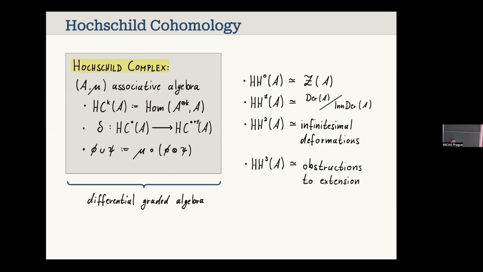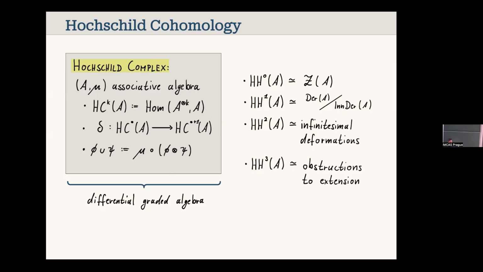So especially when the third Hochschild cohomology is 0, there are no obstructions to the extension, so you can always extend your infinitesimal deformations to full deformations. In most cases, the third Hochschild cohomology will not be 0. There will be obstructions, but then you have to find other means of proving that you can extend. Nevertheless, the Hochschild cohomology is really important in deformation theory and is also used in more deep results in this field.